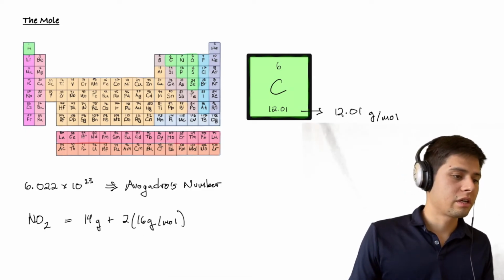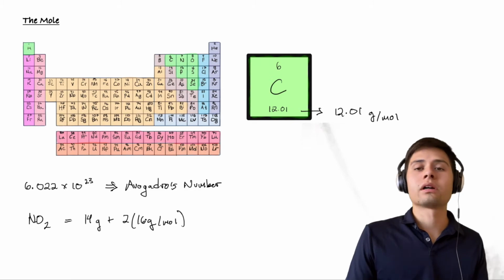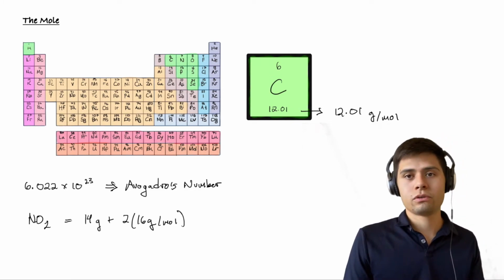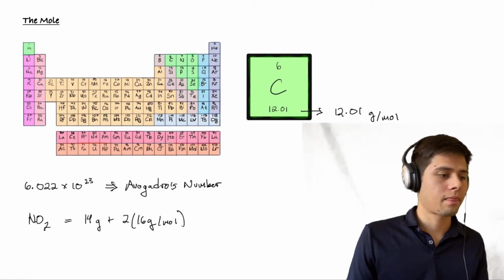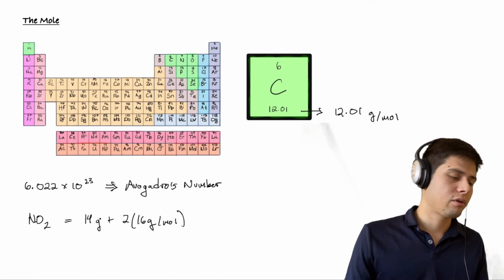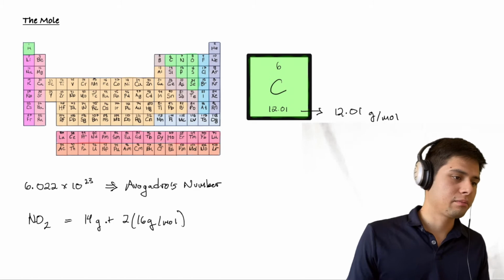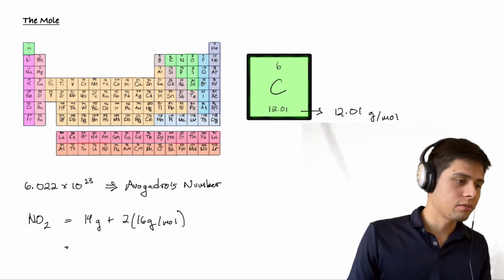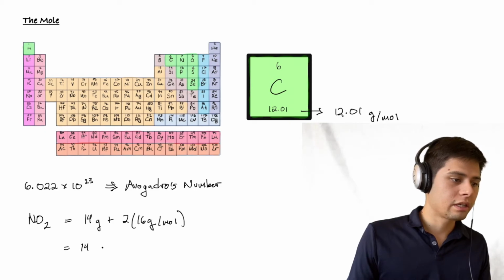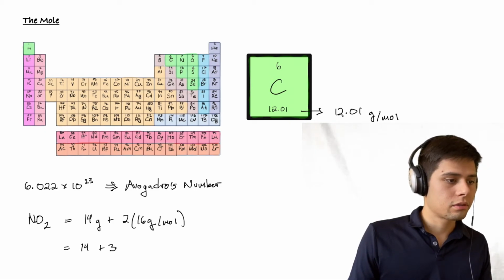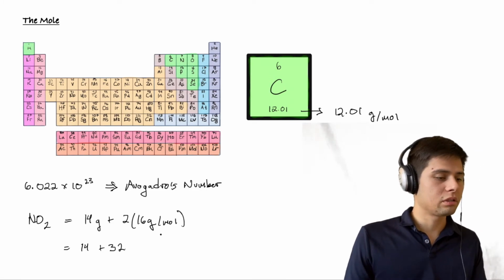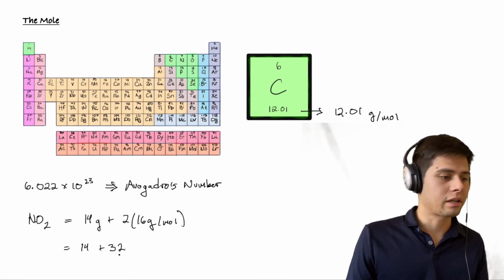This gives me a total of 14 plus 2 times 16 grams per mole for NO2. And if I were to actually do that, we have 14 plus 32 grams per mole. I'll just leave off units for now and then put the units back in later.